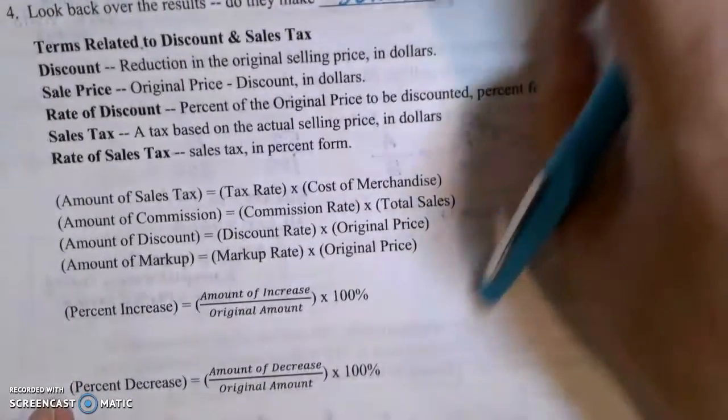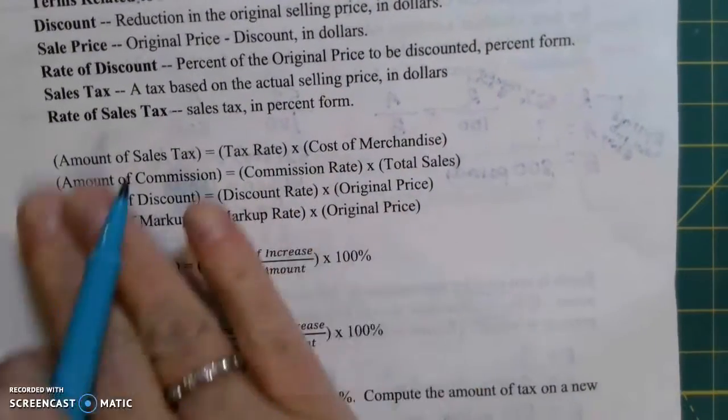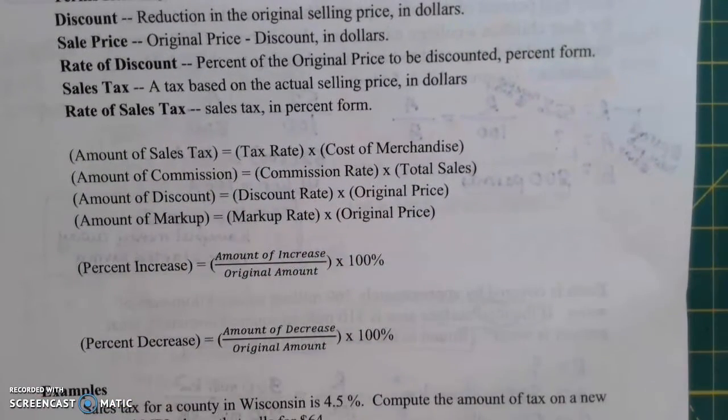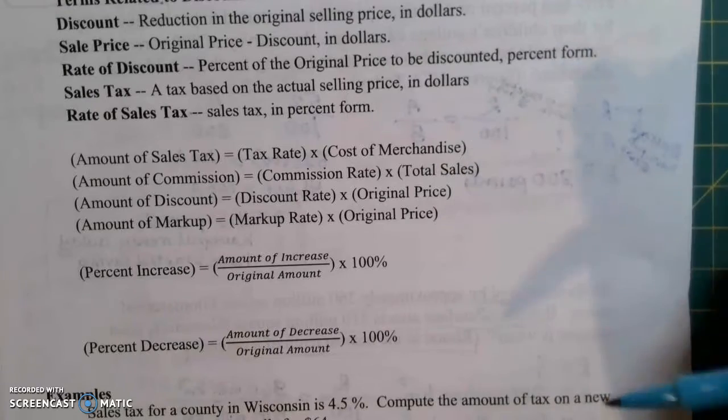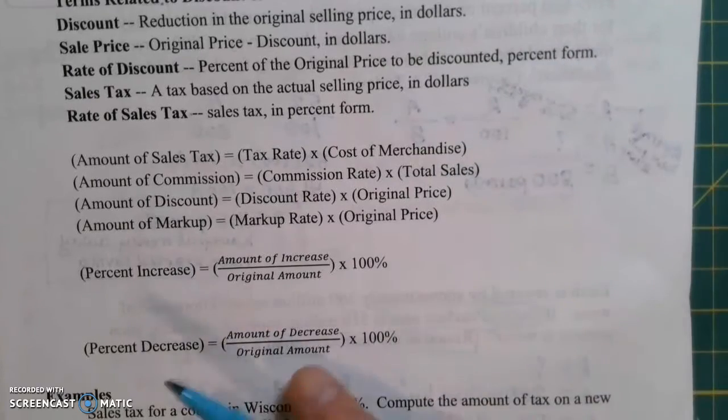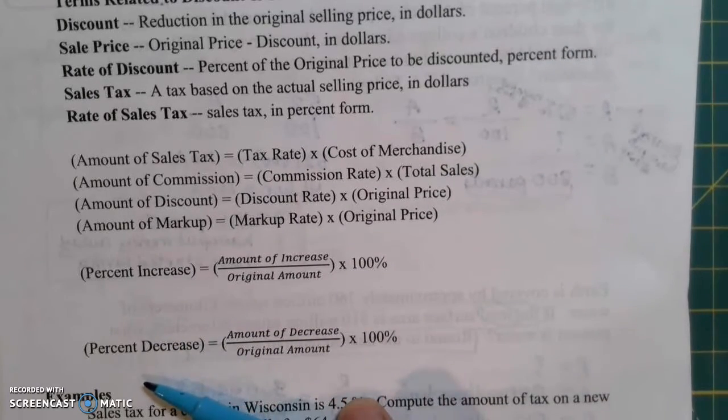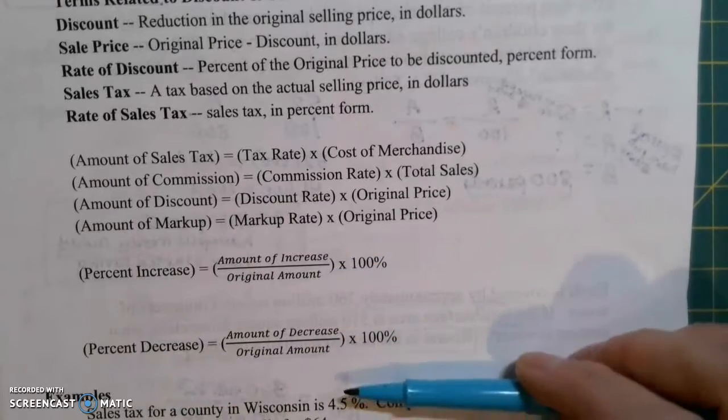All right, here are some basic ways that you can look at these. I am going to look at the percent proportion most of the time, and that really can replace these top four that I have written here. But the percent increase and percent decrease, these are really the same.